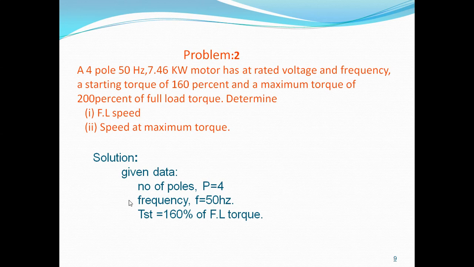So given data, number of poles P is equal to 4, frequency 50 Hz, and T_st is equal to 160 percent of full load torque, and maximum torque is equal to 200 percent of full load torque.